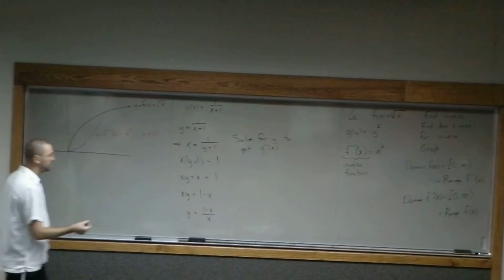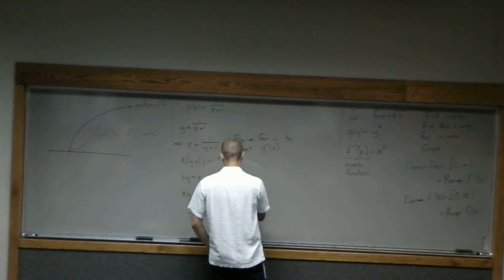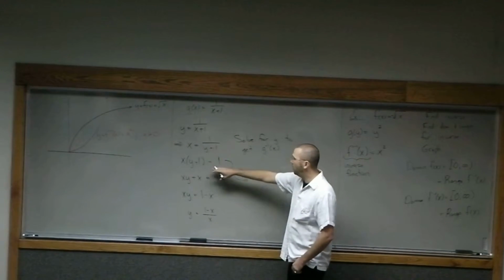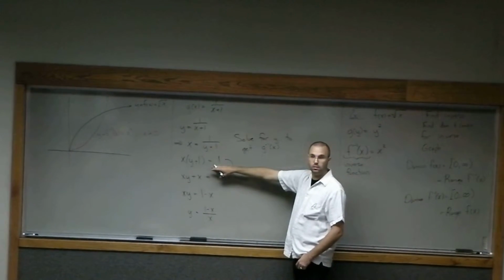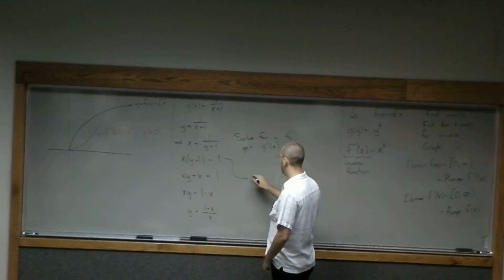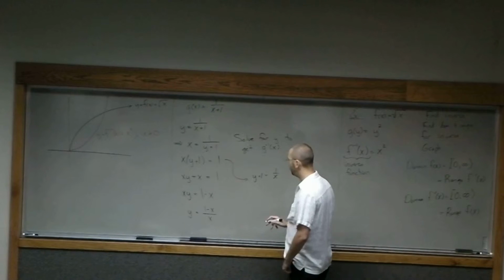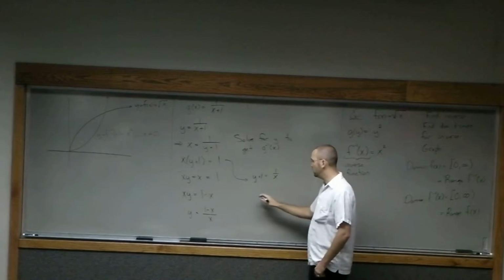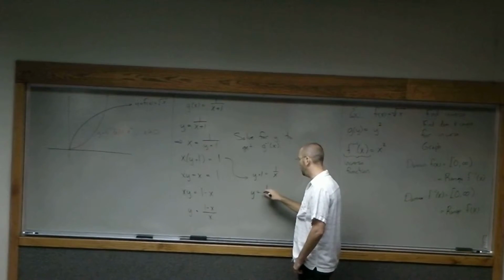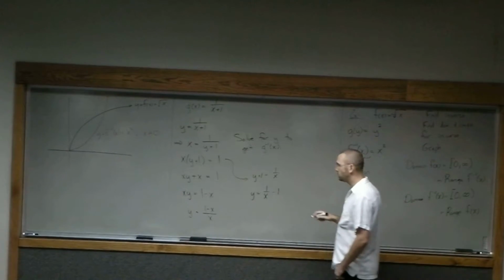We could have gotten to a similar answer by just, at this step, dividing by x. Divide both sides by x, and we get y plus 1 equals 1 over x. And then I just subtract the 1, so y equals 1 over x minus 1.